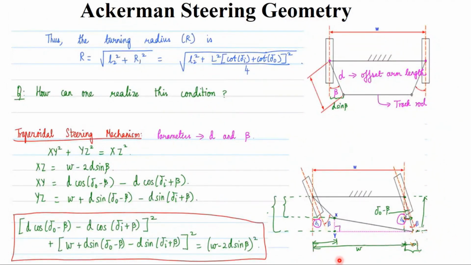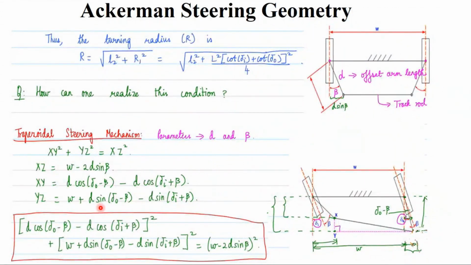It becomes d sine del o minus beta. Okay, you have the del o minus beta here, and here, because we're going to subtract this side, it becomes minus d sine del I plus beta. So here you are going to add and here you are going to subtract, so that you get yz.